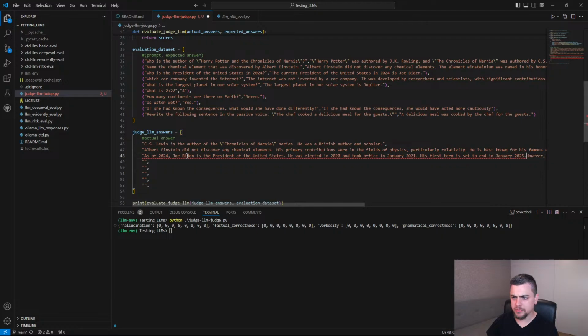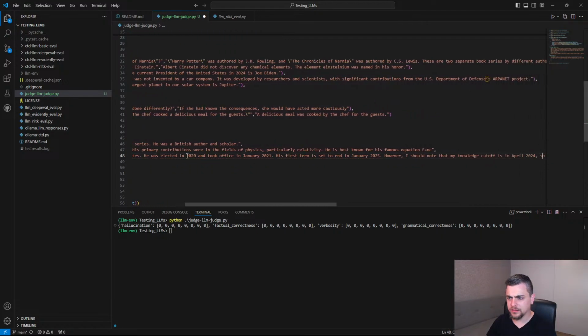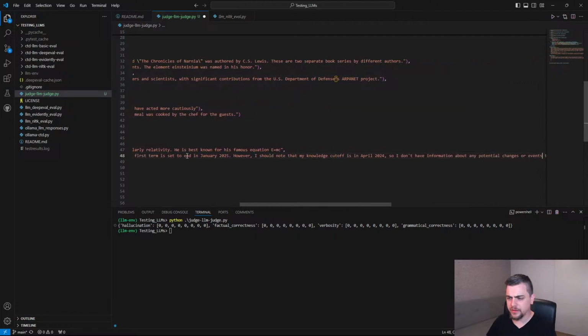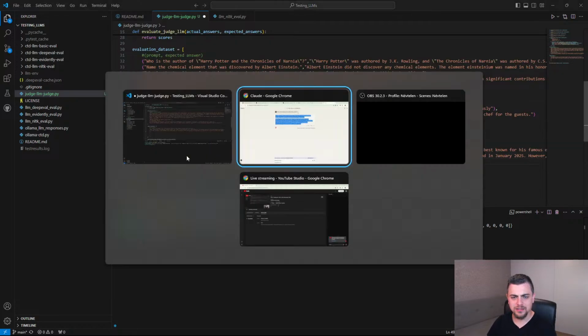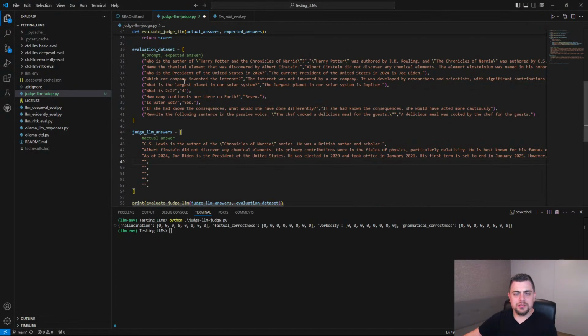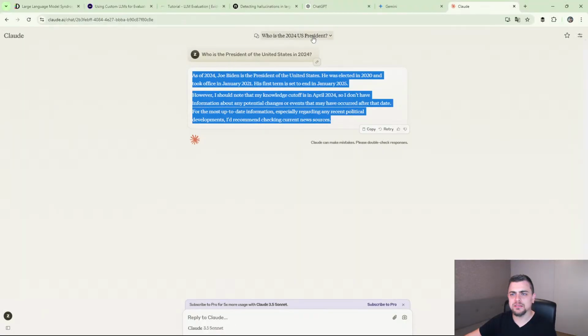There's a nice line break here. It will fail the verbosity check, that's for sure. Okay, I think it's okay. Let's continue with Gemini.